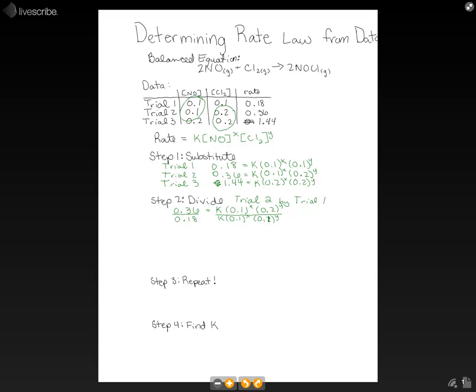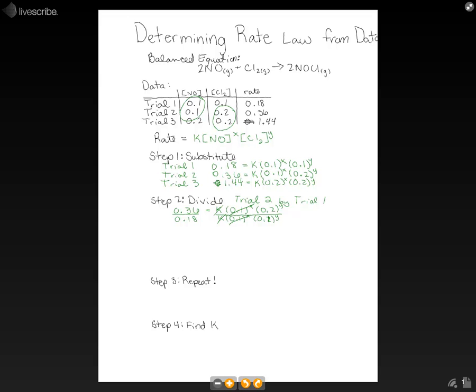So, when we look at this division, we can see that some things cancel out. These k's will cancel because something divided by itself equals 1. The same thing with these 0.1s to the x. And that's why it's convenient to make sure you have the same concentration for one of your reactants so it'll cancel out. Now let's rewrite this simplified.